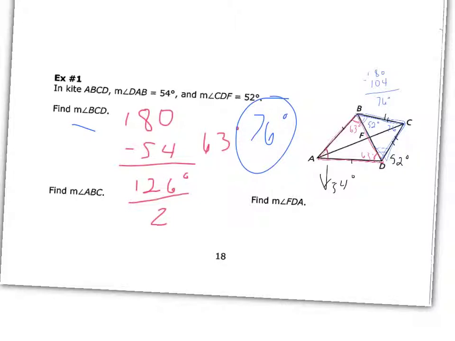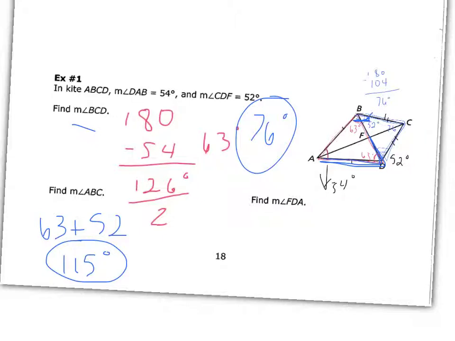So you have 63 plus 52, and that gives you 115 degrees for this angle right here. And lastly, we have to find FDA. Okay, and that's this angle right here. And that one, we already have found, and it is 63 degrees.